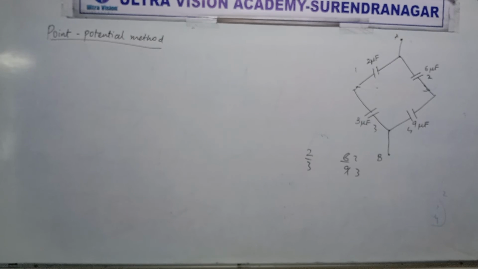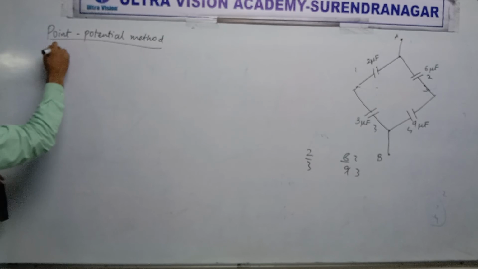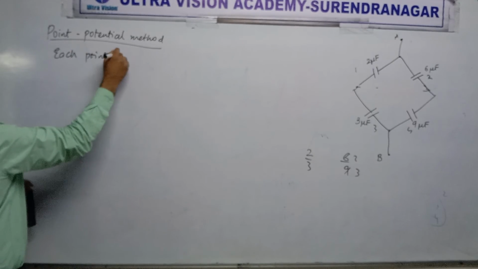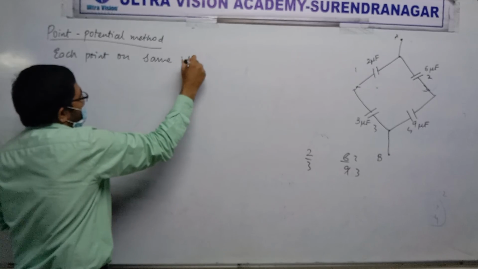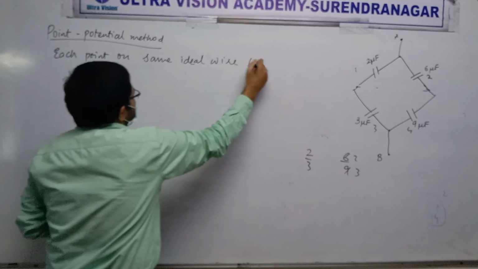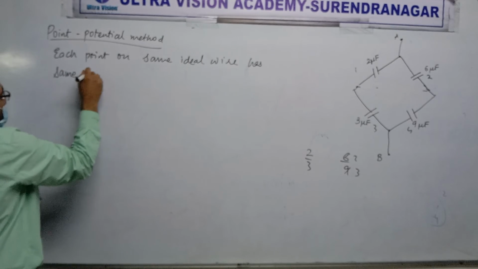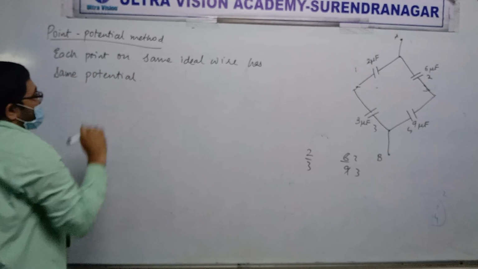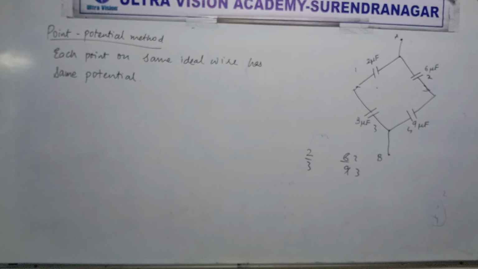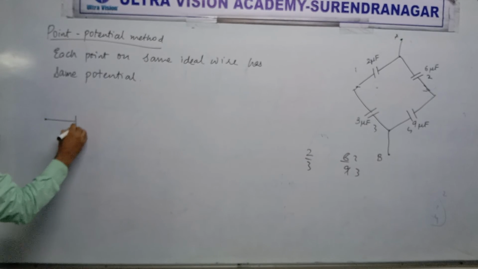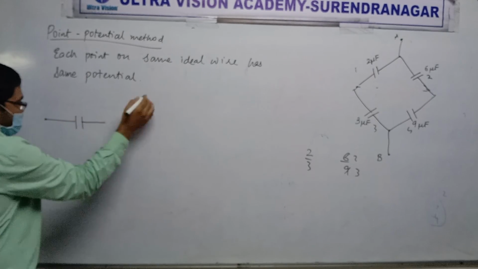This method works on a simple idea: wherever you have a wire, each point on the same ideal wire has the same potential. Let's start with a simple case of this idea.